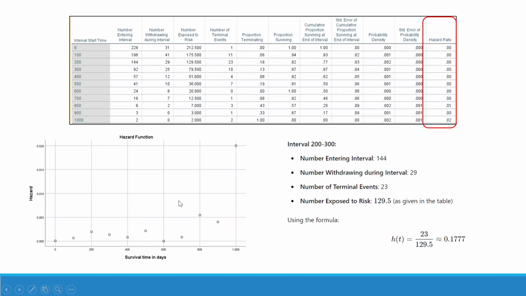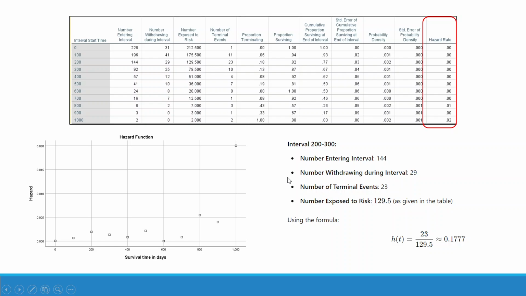Okay, now we will calculate the hazard rate. This is the graph of the hazard rate, and in the last column you will get the numbers of hazard rate. Interval 200 to 300: number entering the interval 144, withdrawing 29, terminal events which took place 23, number exposed to risk 129.5.